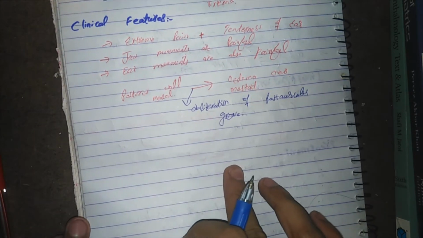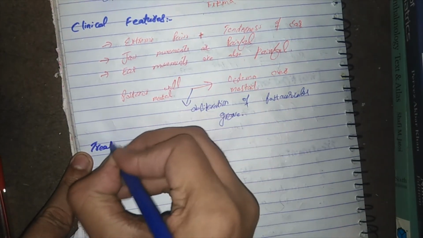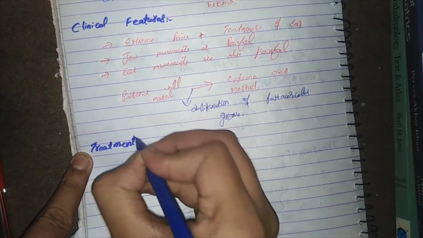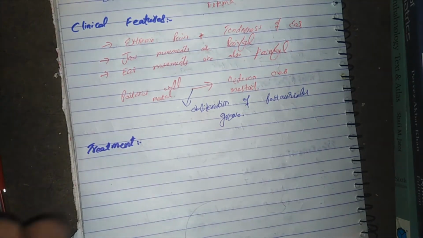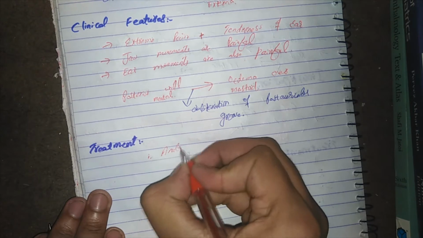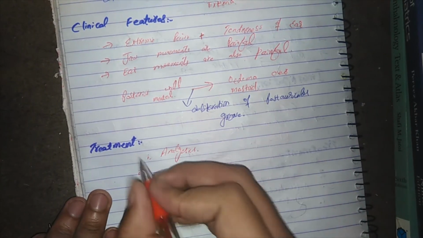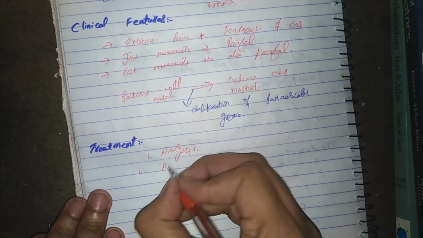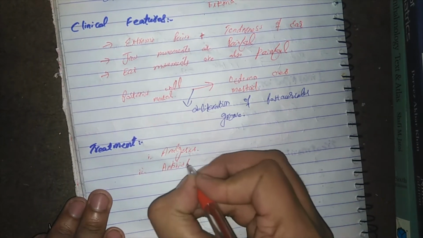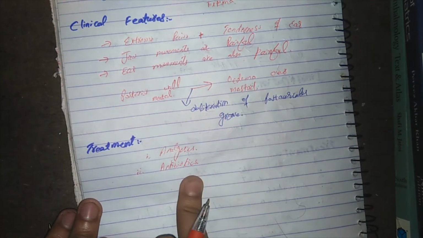Now we will discuss the treatment of furuncles. As there is pain, we will give analgesics to relieve the pain. We will give antibiotics because furuncle is due to Staphylococcus aureus infection, and Staphylococcus is a bacteria.